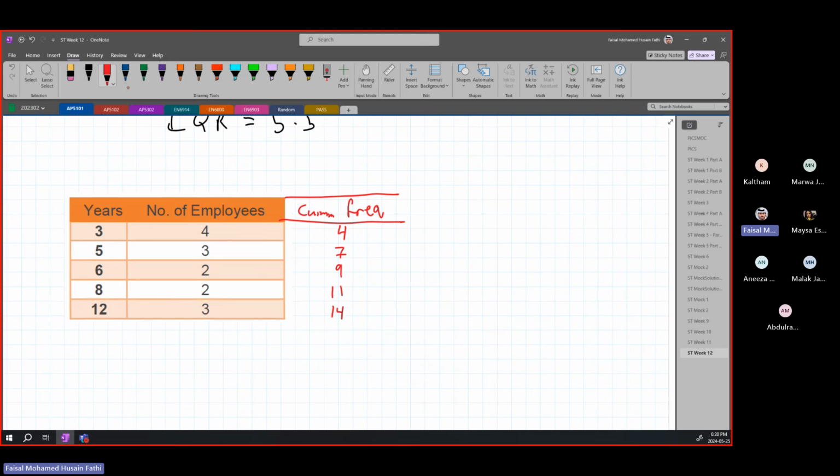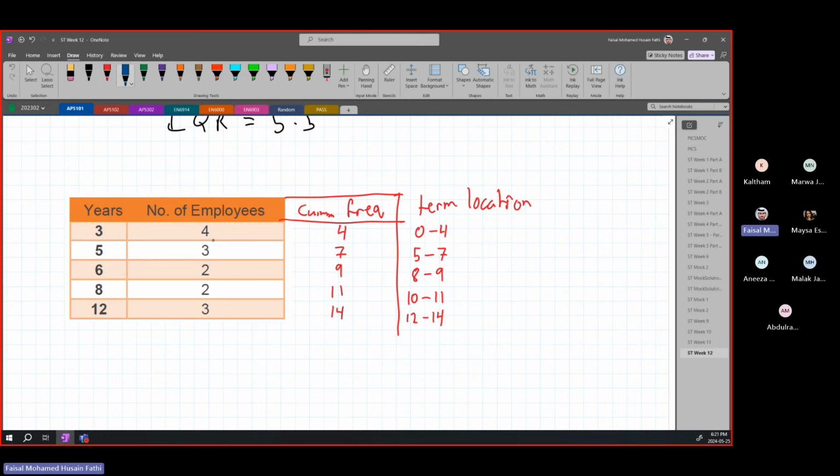The first one is from 0 to 4. Next one is from 5 to 7. Next one is from 8 to 9. Next one is from 10 to 11. And next one is from 12 to 14. So this is what you're going to do. You're going to find your ranges of your terms. Remember, this is where your term location is. Then you're going to apply the equations for Q1, Q2, Q3.